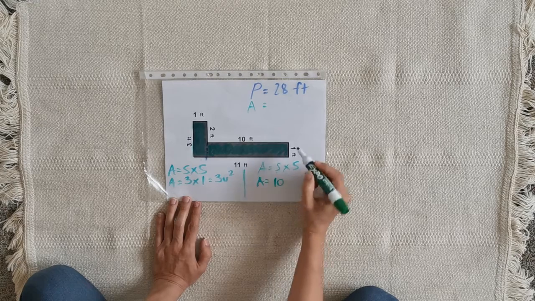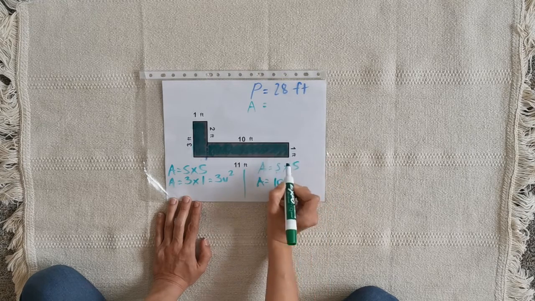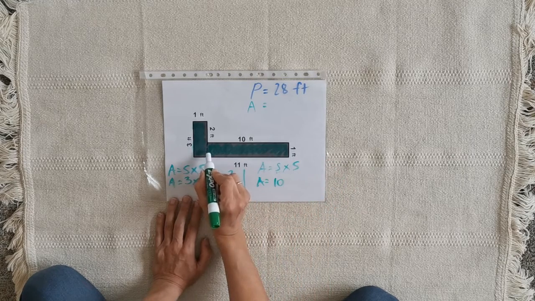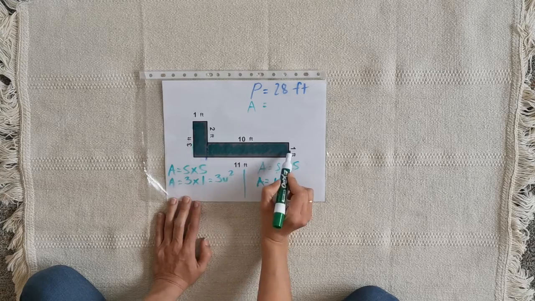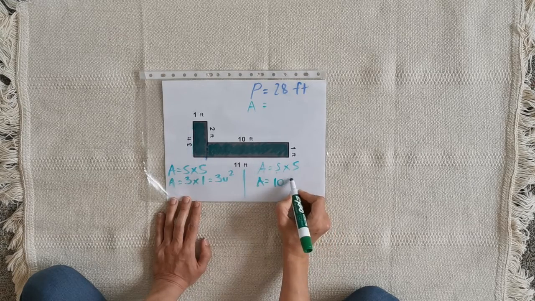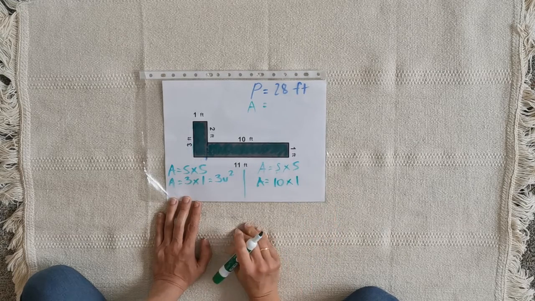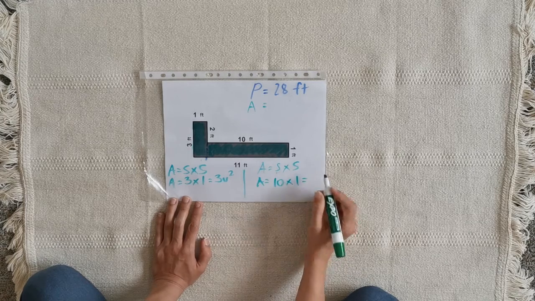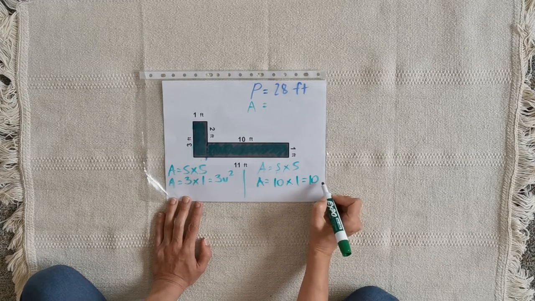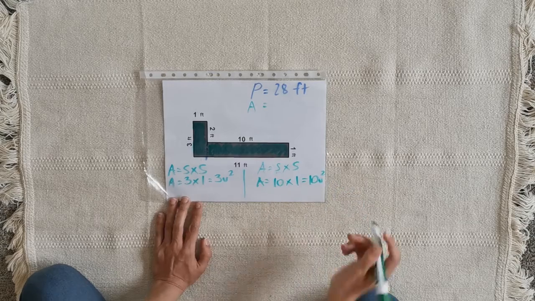The same way, I know this side is 1, so the opposite side is gonna be 1, the same way. And if you think about it, it matches, because 2 plus 1 makes 3. Okay, so 10 times 1 equals 10 units squares.